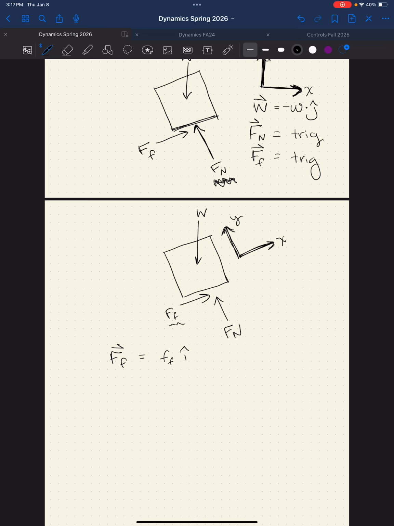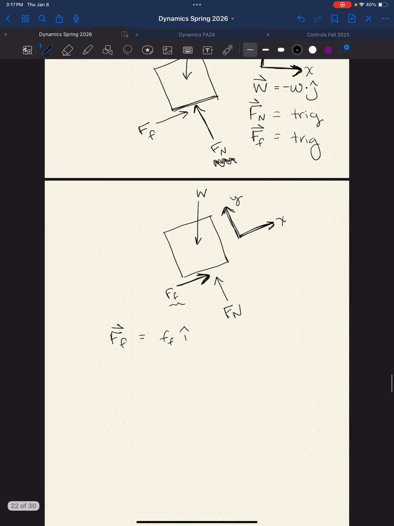That's easy enough, right? It's collinear with the x-axis, and it even goes to the right, so it's positive. Similarly, for my normal force, Fn, all of Fn goes in the positive j hat direction. All of it goes in the j hat direction.